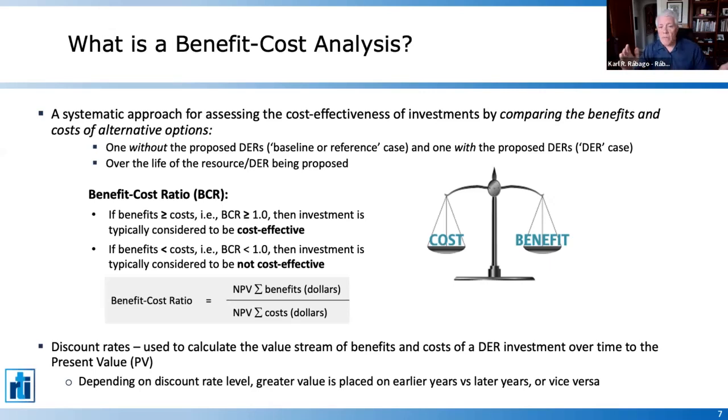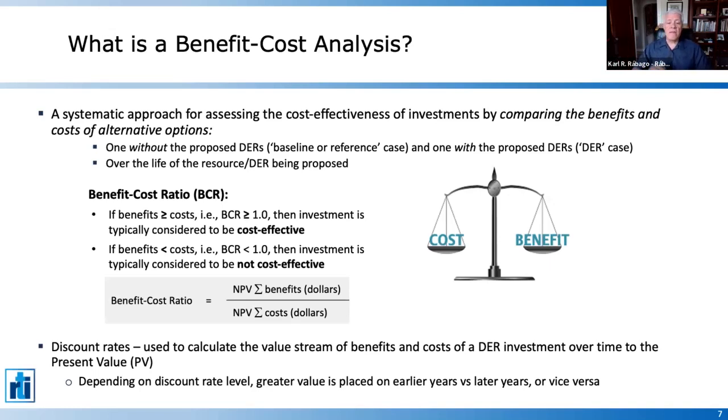The net result of comparing those two cases is a benefit cost ratio. And if those benefits are greater than cost, i.e., the benefit cost ratio is greater than 1, we can say that the investment is cost effective. If the benefits are less than the cost, the opposite applies. The project, program, or proposal is not cost effective because the costs outweigh the benefits.